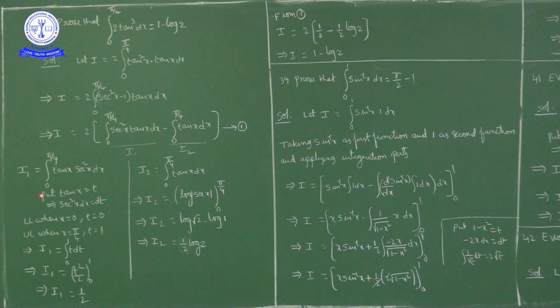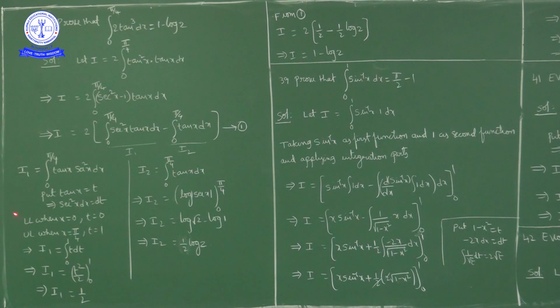Now the lower limit is 0 and the upper limit is pi by 4. When x is equal to 0, tan 0 is 0, so t is equal to 0. Upper limit, when x is equal to pi by 4, tan pi by 4 is 1, so t is equal to 1. So the lower limit is 0, upper limit is 1.